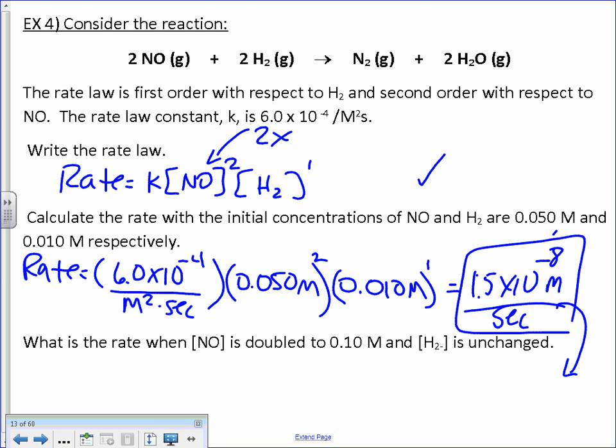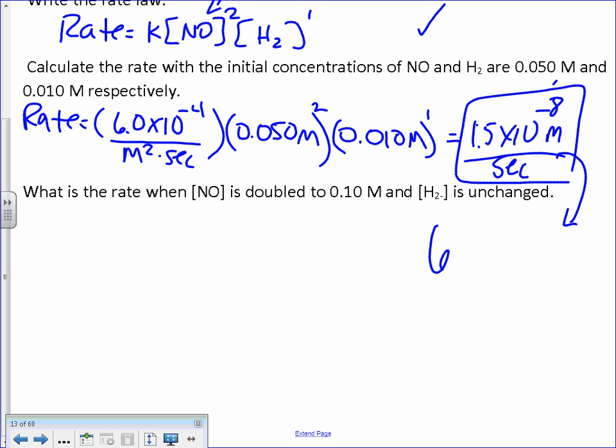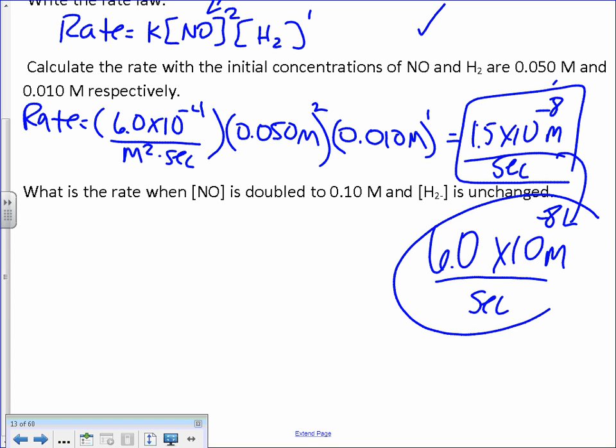So then what should this be? So it's 1.5 times 4, which is 6.0, times 10 to the -8 molar per second. I always say meters. So you actually didn't have to plug into anything except think about what happens to the rate if the concentration doubles.